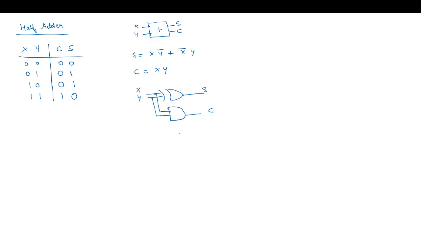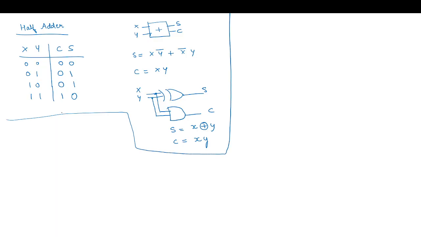This is the simplified expression because S can be written as x XOR y, which is nothing but x y bar plus x bar y, and carry is x and y. So this is with respect to the half adder.